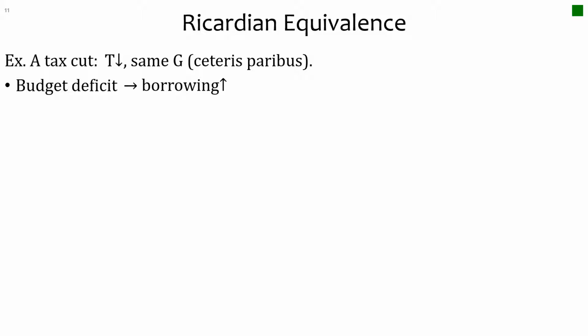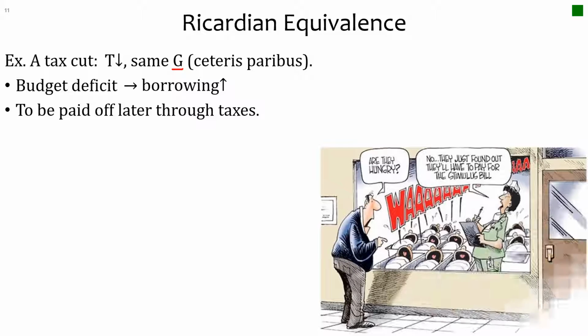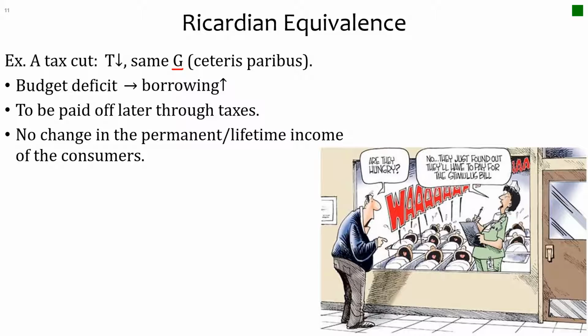Wow, that's cool. Which means the government has to borrow money because it has the same level of G as before. So it has to somehow finance its spending. And this borrowing is something to be paid off by later generations, right? Through taxes. That's kind of a funny cartoon. No change in the permanent or lifetime income of the consumers.